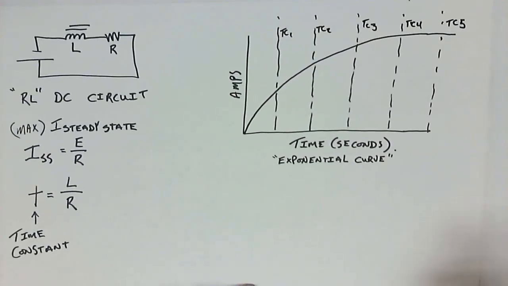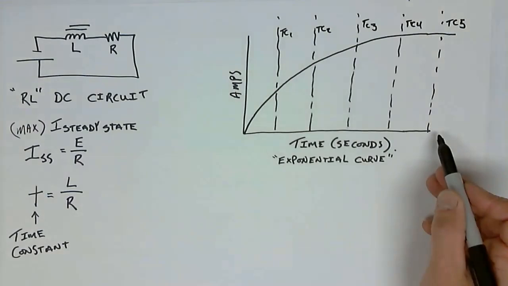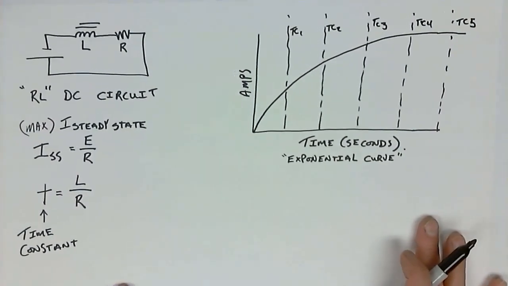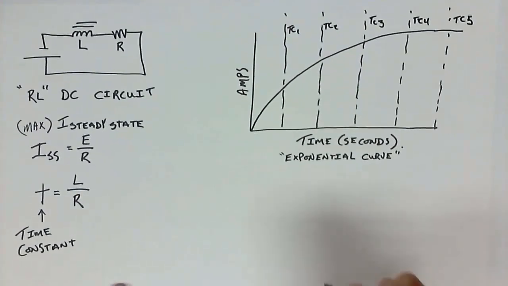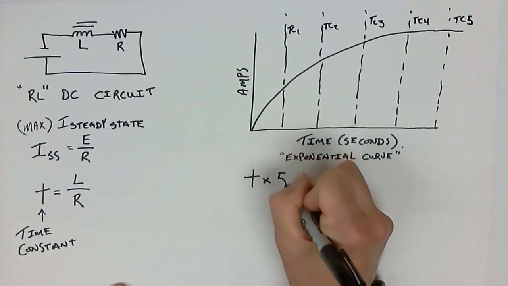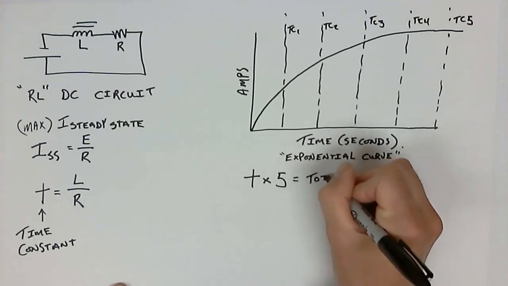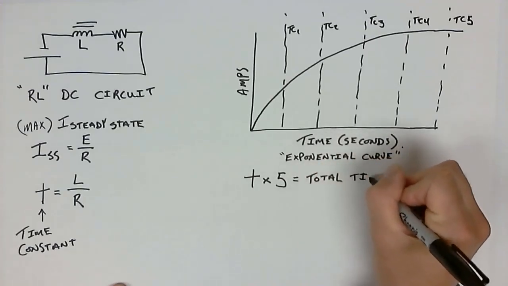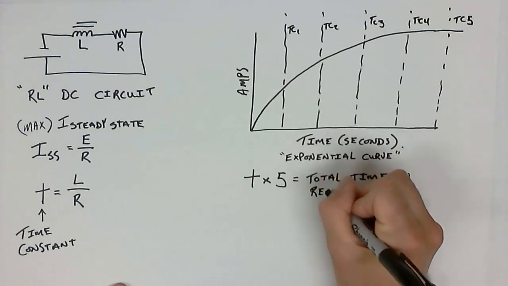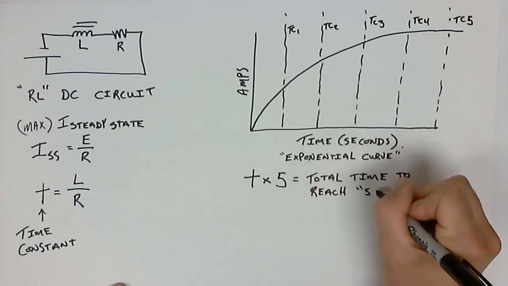The total amount of time it takes for the current to reach its steady state value is 1 time constant times 5. So the total amount of time to reach steady state.